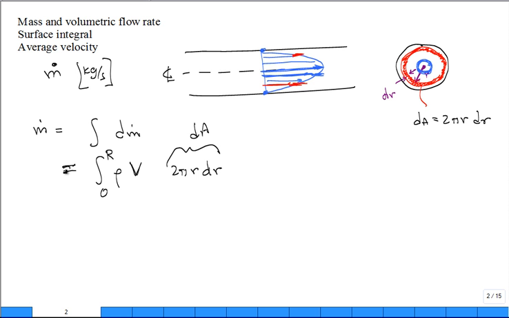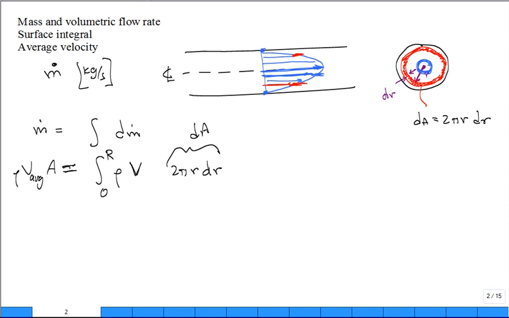Well, what we'd like to have done is we'd like to just say that the mass flow rate is equal to rho v average times the total area. Rho v average, rho v a. A lot of times we don't even put the avg on the velocity or speed. We just say it's the fluid flow speed in the pipe.